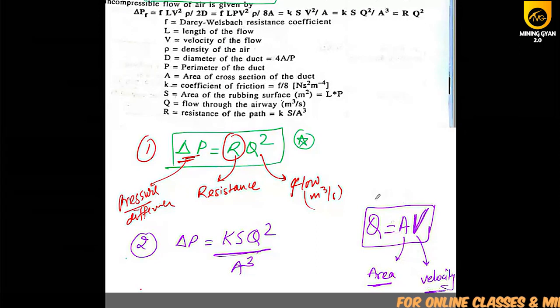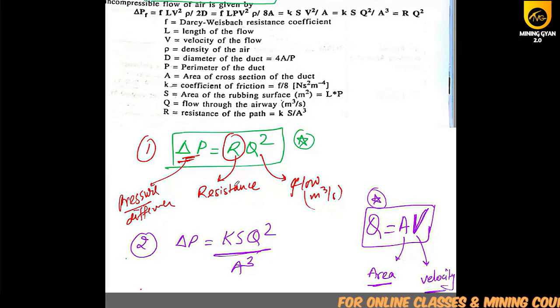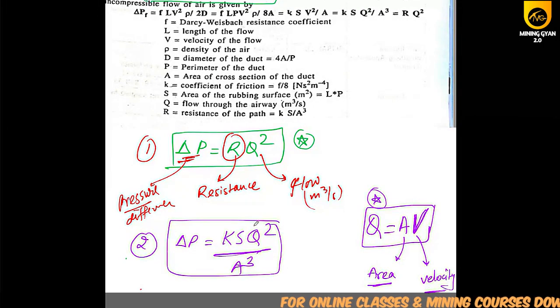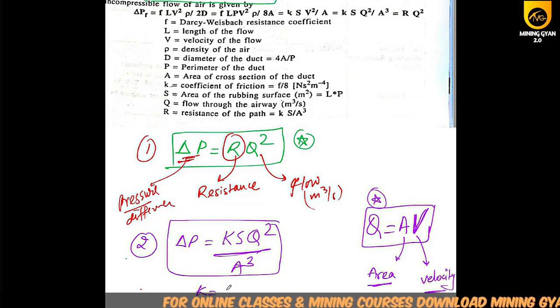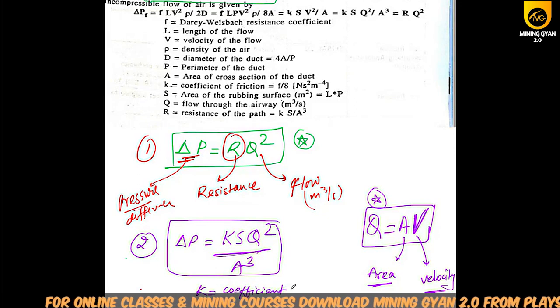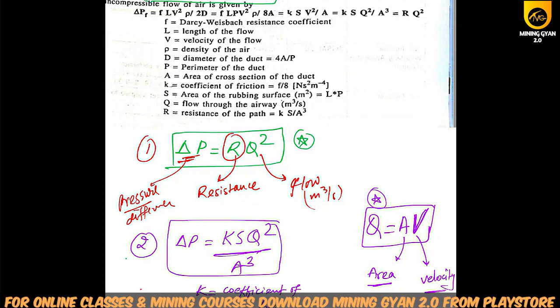So this formula and this formula, where what is the K? K is the coefficient of friction, F by 8.